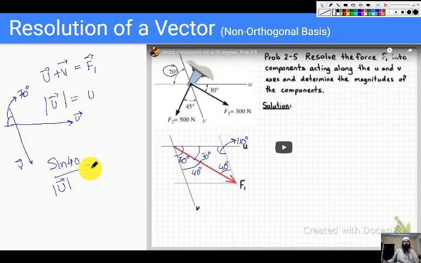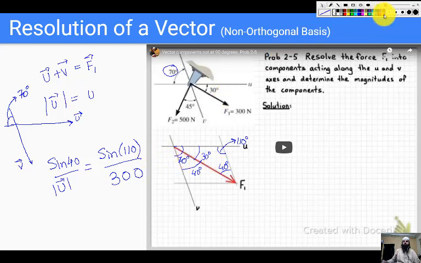So this is equal to, this angle is 110, sine of 110 divided by this length F1, which is 300. Okay, from here we can find the magnitude of u. Similarly, we can do the similar thing for v, and you can find the magnitude of v.